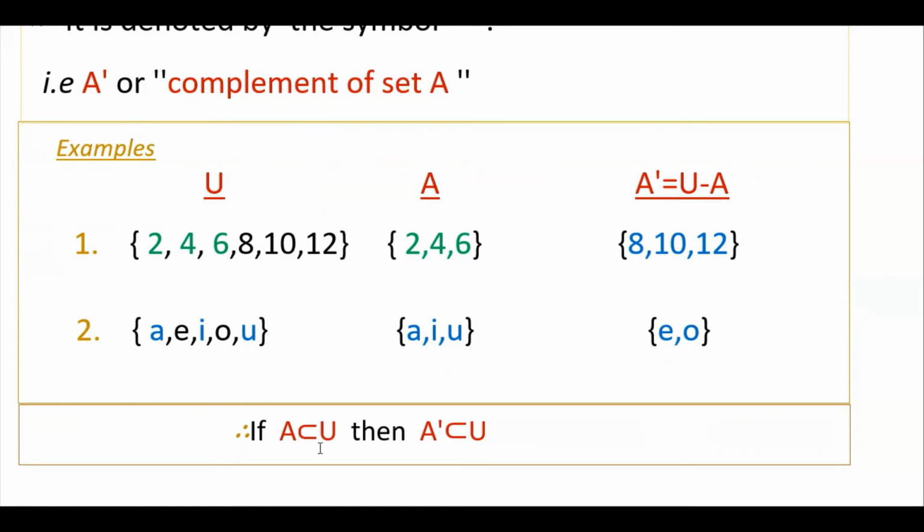So if A is a subset of U, then the complement of set A is also a subset of U, because the remaining elements, that is the complement of set A, also belong to U only.